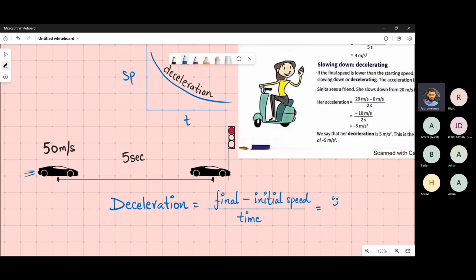What is the final speed at this moment? 0 meters per second, because it came to rest.